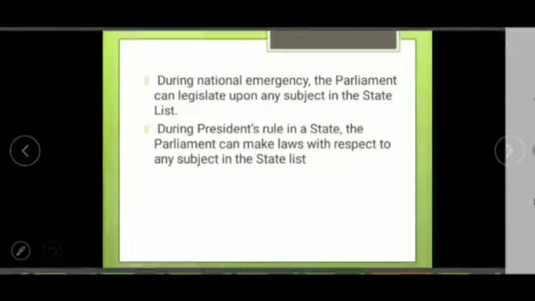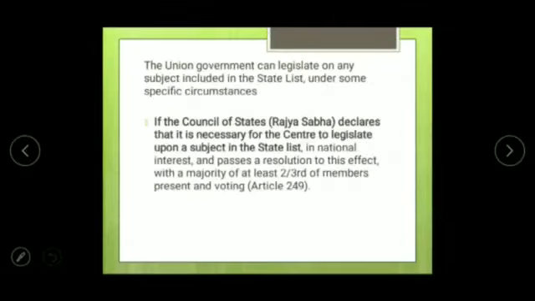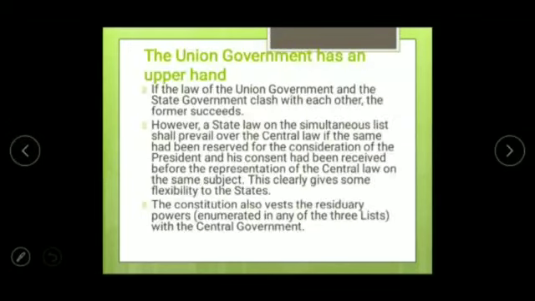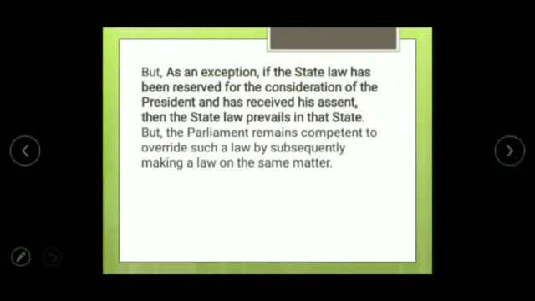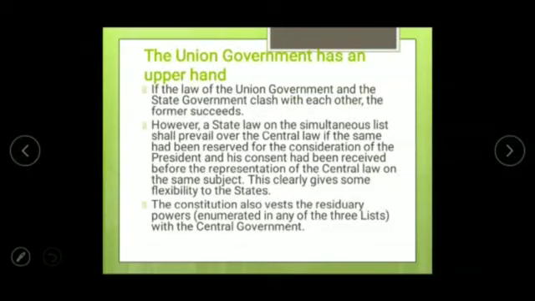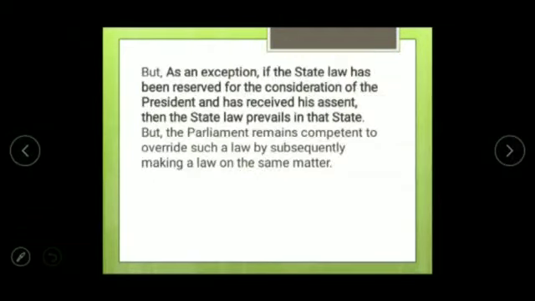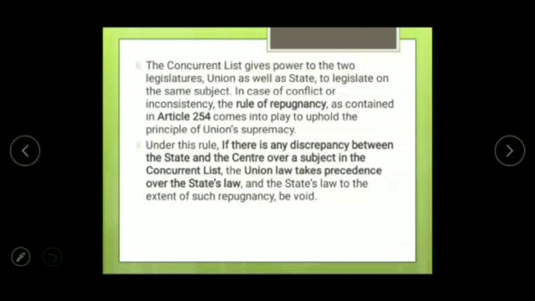So thank you, that's it, and we have done with the residuary power. We have done a lot in this. All I can sum up is that if there is any inconsistency, then the central law will prevail, and how our Indian Constitution has given the centre more power.